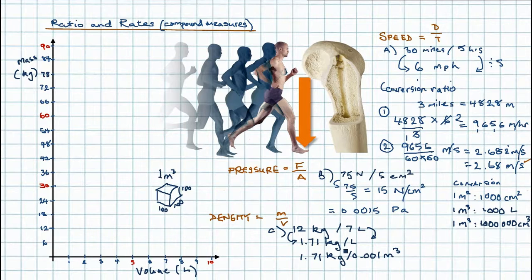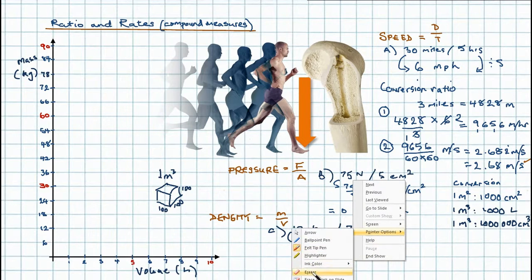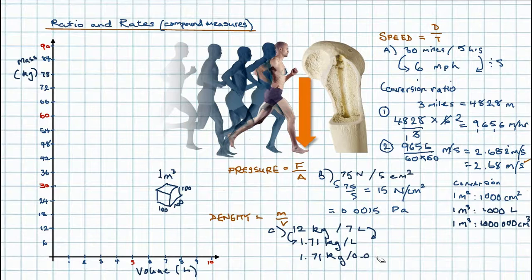Okay? Well, now we can convert our 0.001 cubic meters to what? We've got to multiply by 1,000,000. So we move our decimal point 6 places to the right. I'm just going to use the eraser.